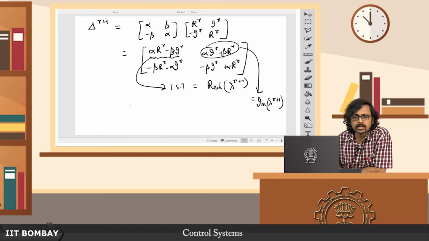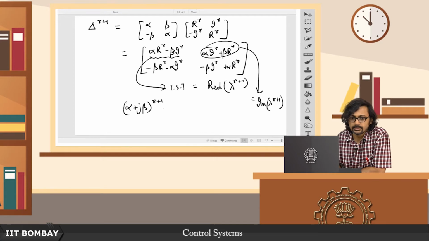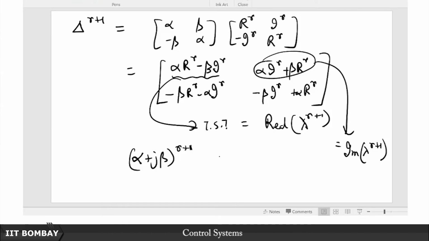You just say alpha plus j beta to the power r plus 1. Now you can apply de Moivre's theorem, since you can represent this with sine and cosine. Maybe you can look that up.